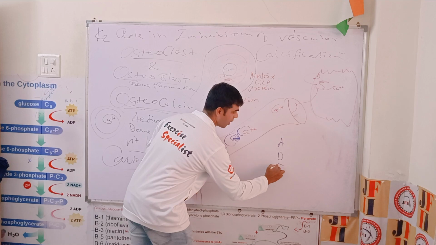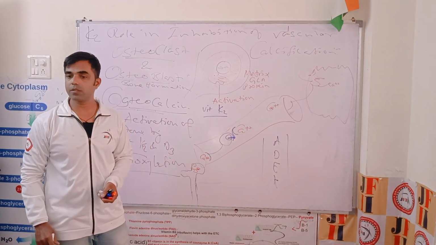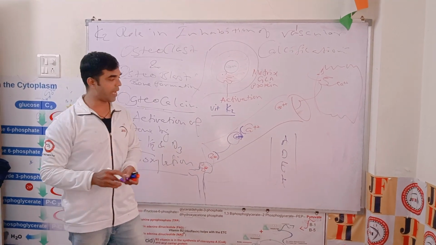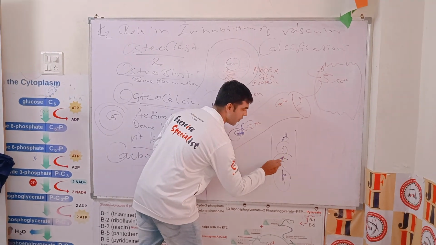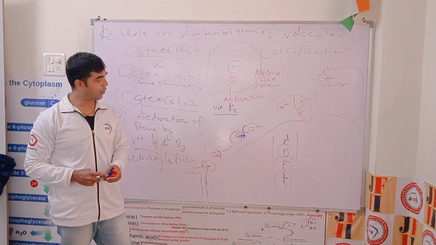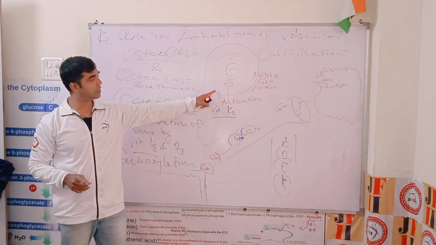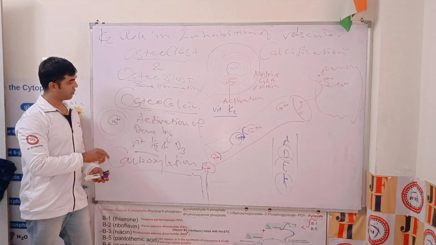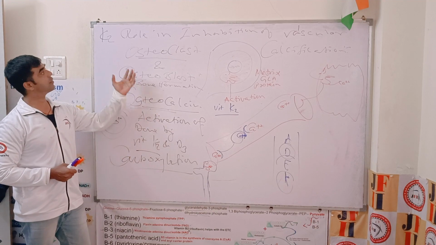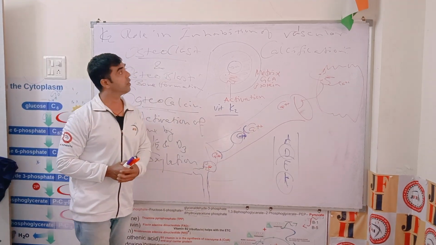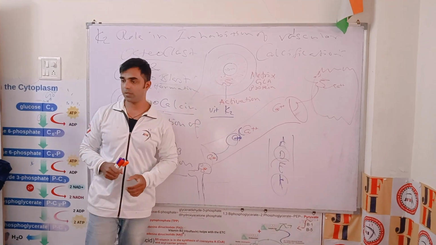A, D, E, K, these fat soluble vitamins will not be absorbed properly, and if they are not absorbed, they will not be functional, and you will have a lot of calcium sitting there if the activation of this matrix GLA protein and osteocalcin does not happen, right? So this is the answer for K2's role in preventing vascular calcification. Thank you very much.